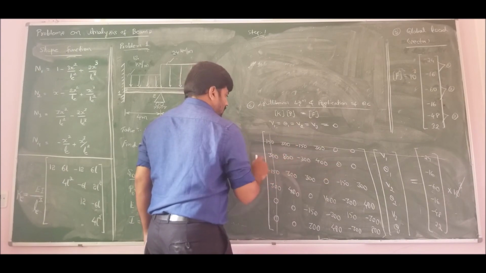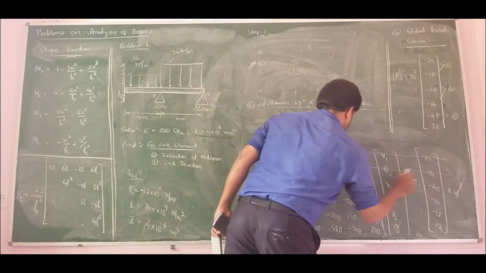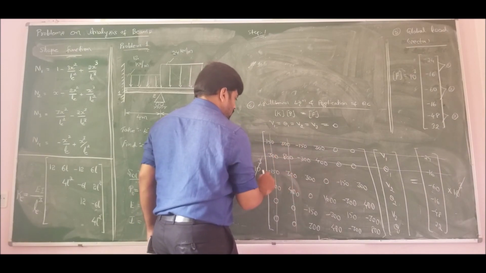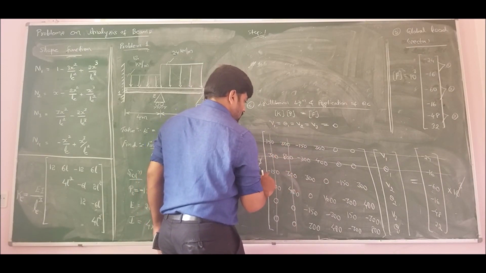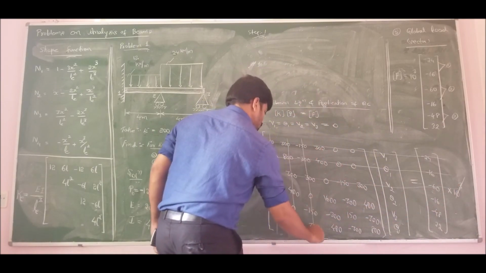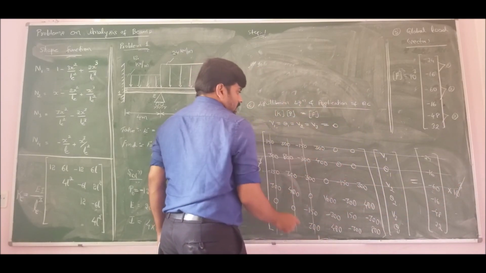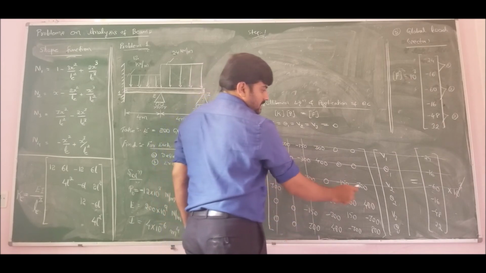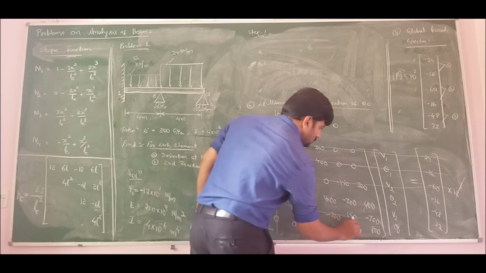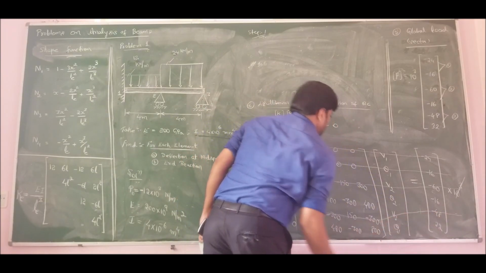Theta 1 is the second row, eliminate the second row and second column. V2 is the third row, eliminate the third row and third column. And V3 is not the fourth row, V3 is the fifth row. Be careful. So eliminate the fifth row and fifth column.